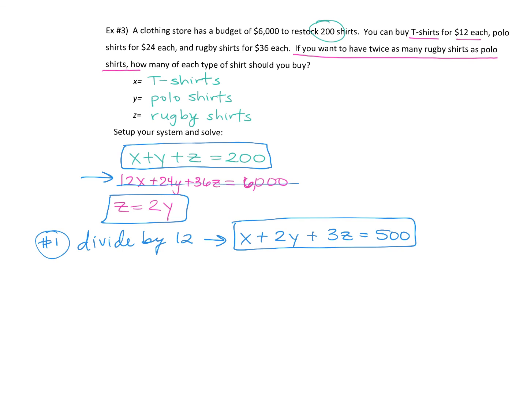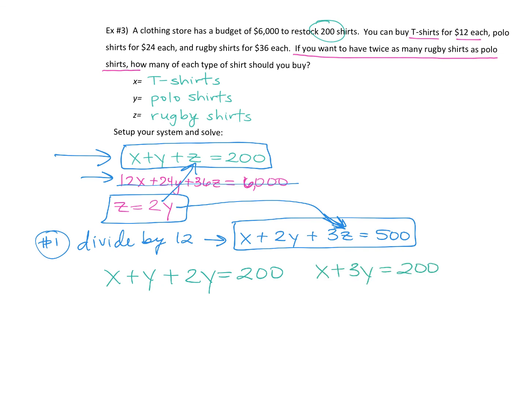The first thing I would do is substitute. What can we substitute? For the Z. Everywhere you see a Z, you can plug in a 2Y. So I'm going to put 2Y here, and I'm going to put 2Y there. I'm going to rewrite this first one: X plus Y plus 2Y equals 200. A simpler way to write that would be X plus 3Y equals 200.